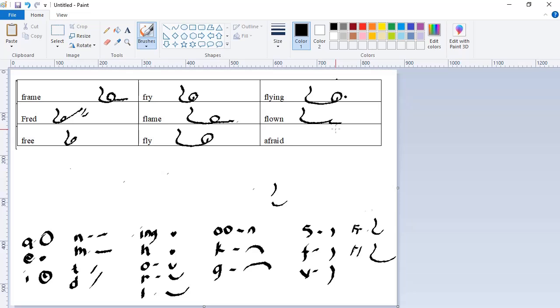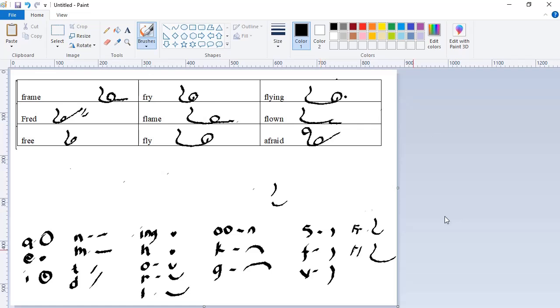F-L-O-N. Nakita na ninyo dito na nagamit yung hinaharap ni letter O, yung kanyang kasunod na letter. Flown. Okay, next, afraid. We have A-F-R-A-D. Afraid. Okay? So, ayan.